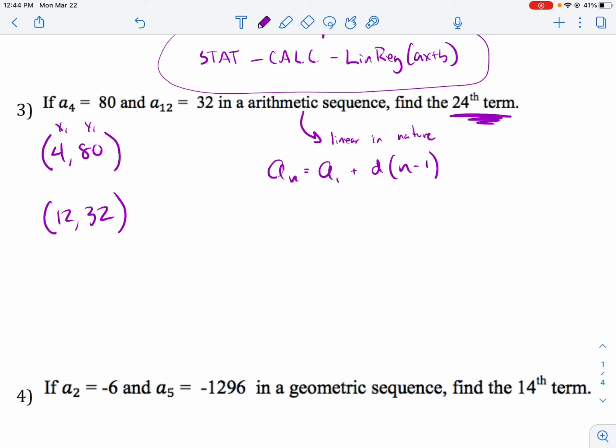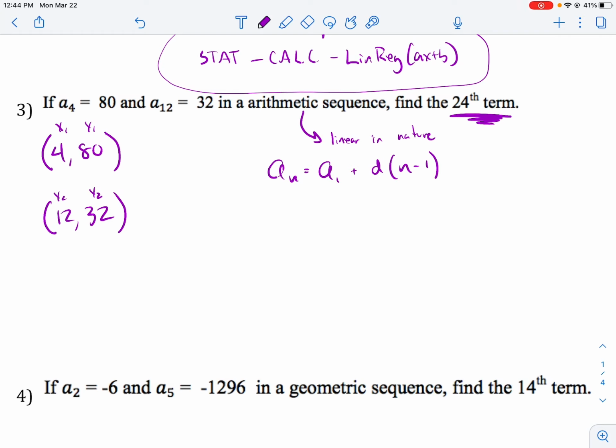And so I'm going to treat this as x1, y1, x2, y2, okay? And because they're linear in nature, and because we're missing that common difference, what I'm going to do is find the slope between these 2 points on our graph, and that slope will be our common difference, or what we're increasing. In this case, looks like we're decreasing, right?